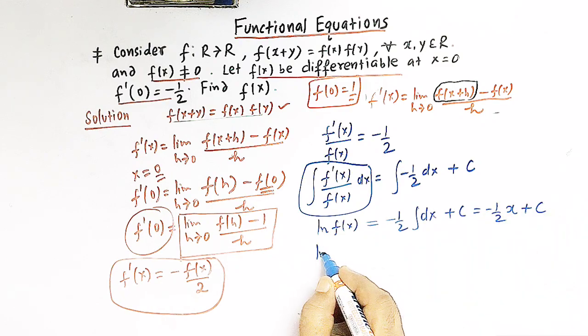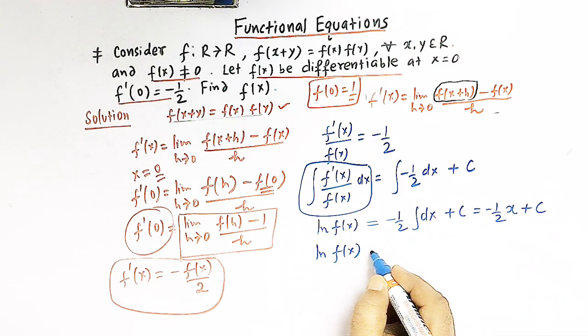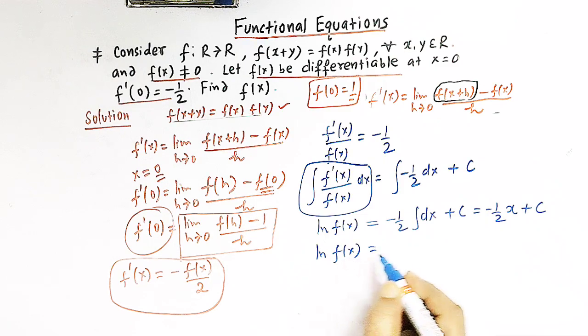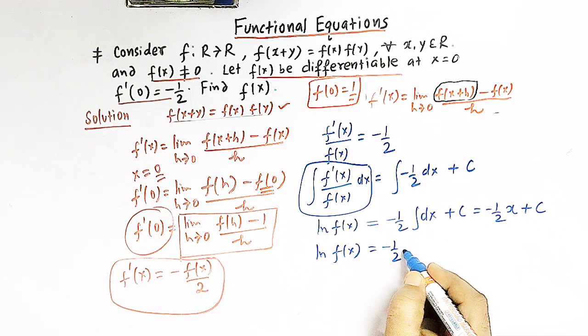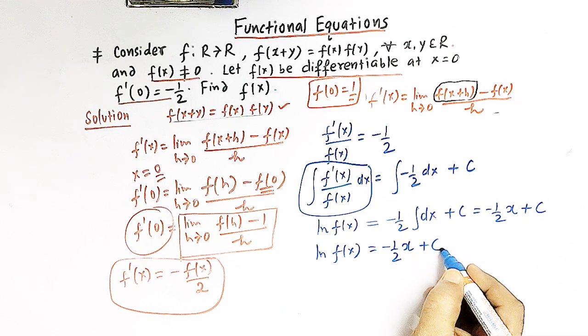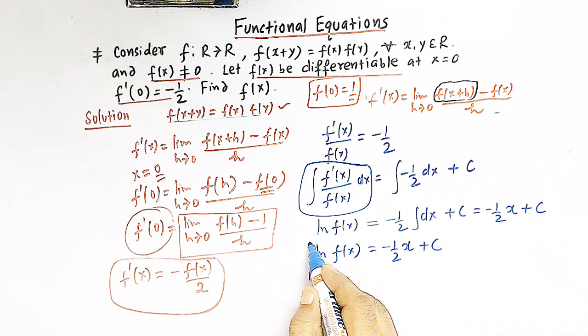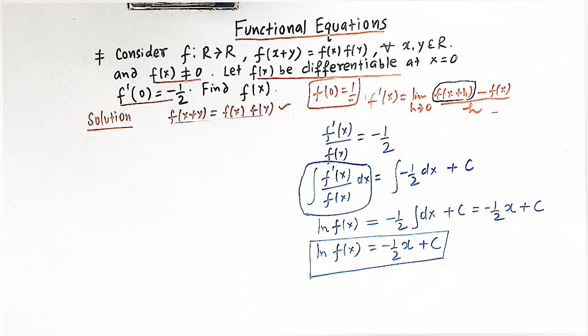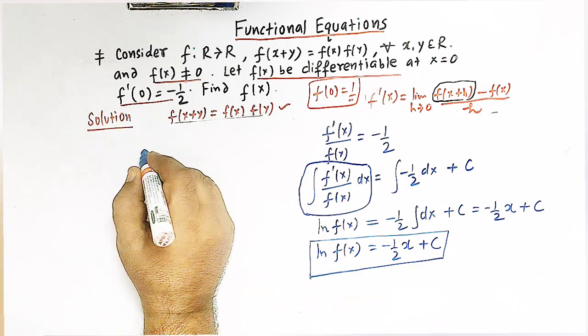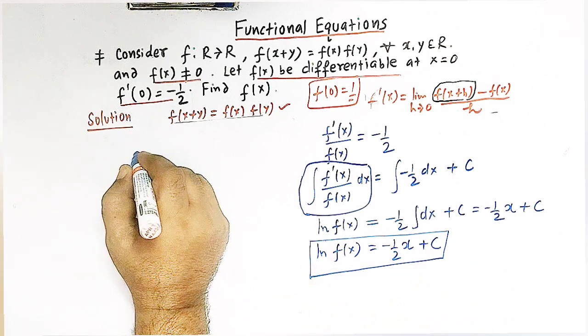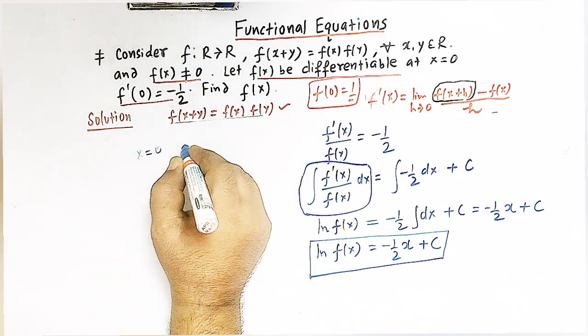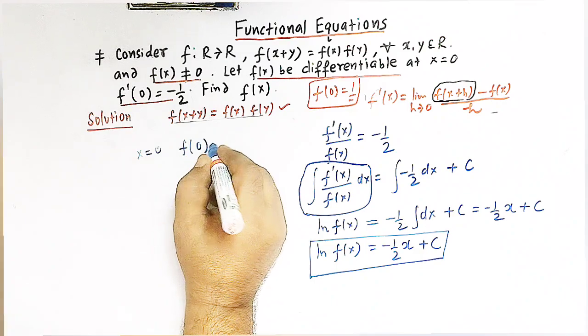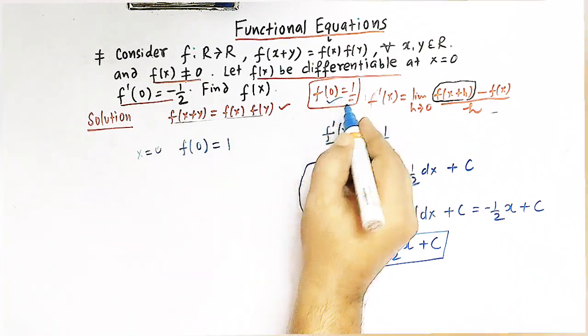So we have arrived at this equation, that is natural log of f of x is equal to minus half x plus c. Now our next aim is to get the value of this constant of integration. So now using the boundary conditions, we have for x is equal to 0, f of 0 is equal to 1, right?